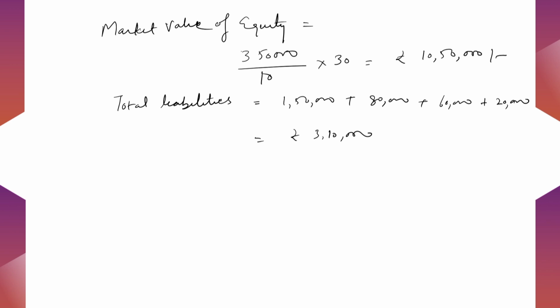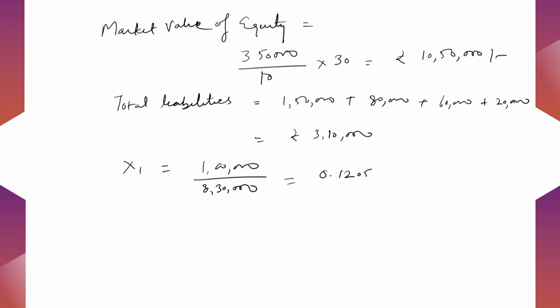As we have calculated all these components, we calculate the different ratios x1, x2, x3, x4 and x5. Going with the first, x1, which is working capital upon total assets. Working capital we computed as 1 lakh rupees, divided by the total assets of 8,30,000, the total of the balance sheet.